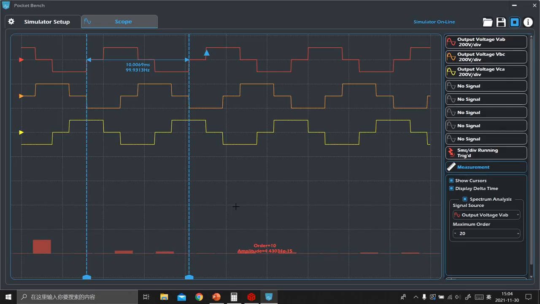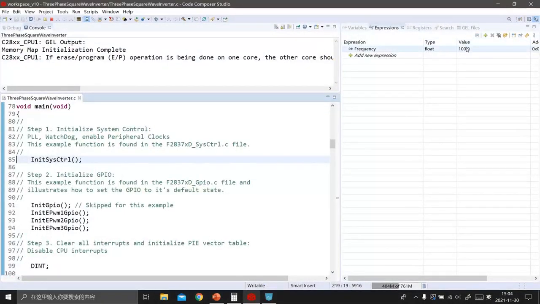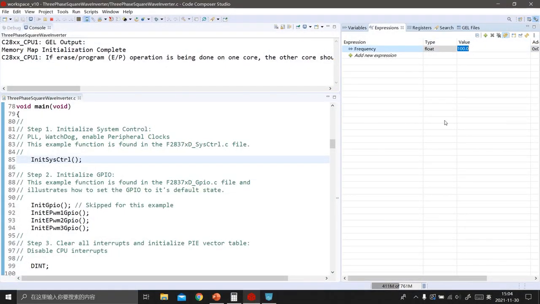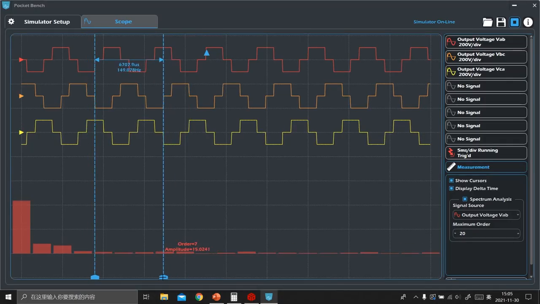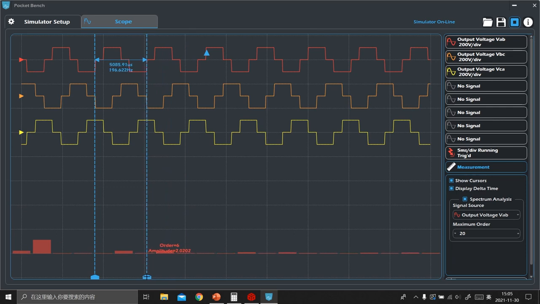For the 3-phase square wave inverter, we can change its output frequency, but we can't change its output amplitude. So we may try to change the output frequency to, for example, 200 Hz. Okay, let's measure the amplitude of the fundamental line voltage. The frequency is 200 Hz, and the amplitude of the fundamental voltage is about 110.